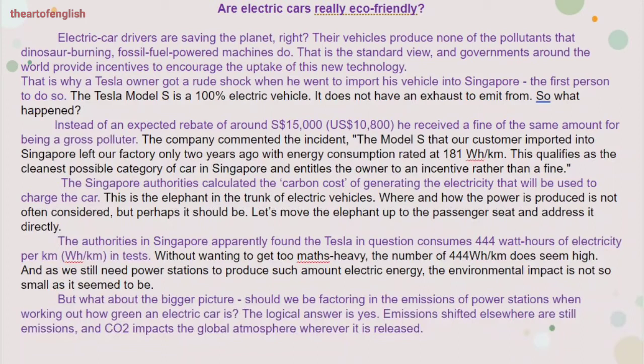Okay, now after reading the text, you can highlight the important ideas from the text.